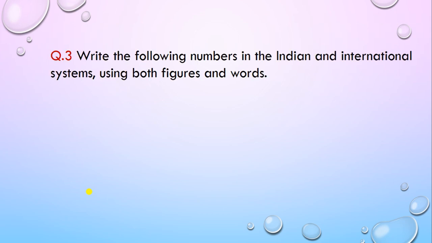Let's see the next question. Write the following numbers in the Indian and international systems. Let's take the first example. So in the Indian system, let's place commas. As we know, commas we have to place from the right side.